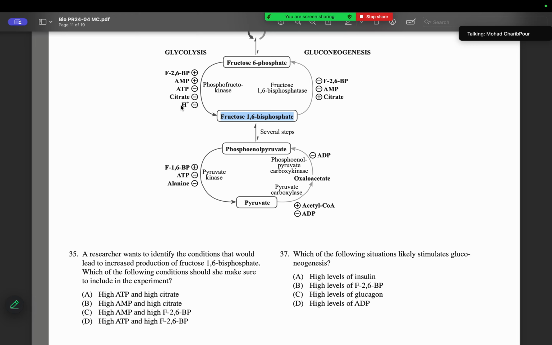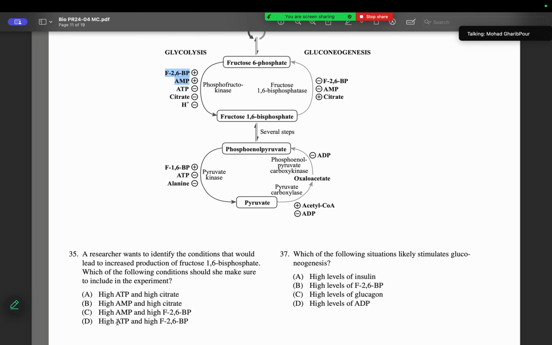So ATP, citrate, and H plus do not stimulate fructose 1,6-bisphosphate production. It's only these two. So you're going to look for an answer that includes these two. Not that one.